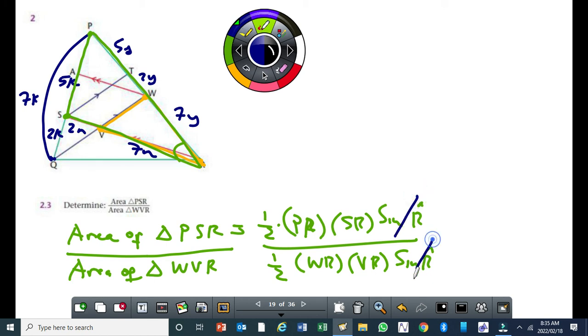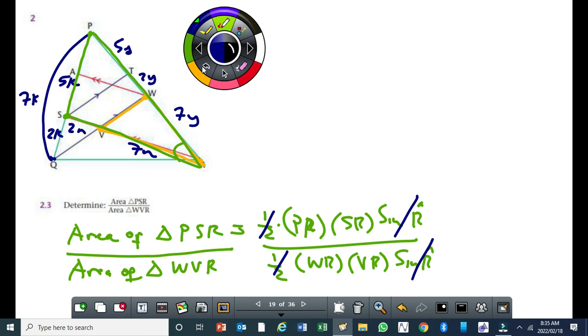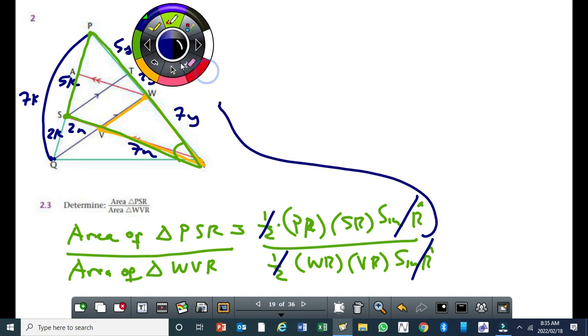This cancels with that. This half cancels with that. Okay? Can you pay attention? Then from here now, well, let me go to the top. So from here, we move on to the top because of space issues. So from there now, I can substitute and say the area, this can be simplified.